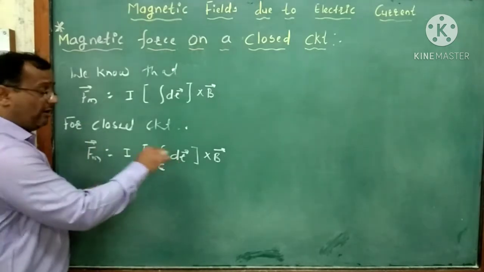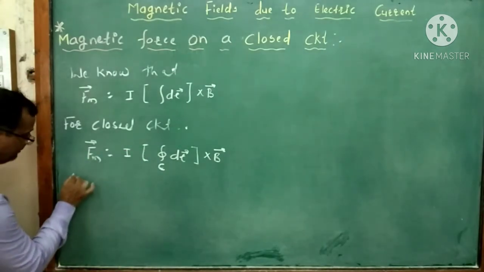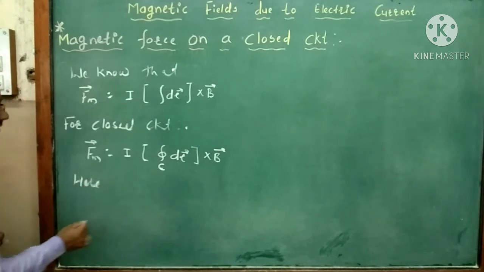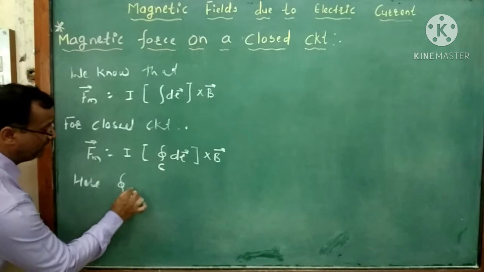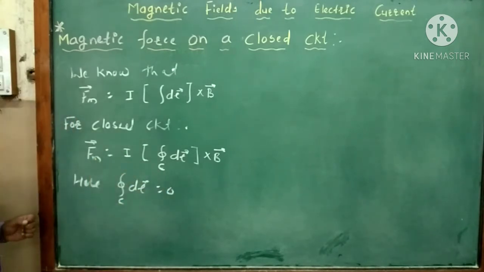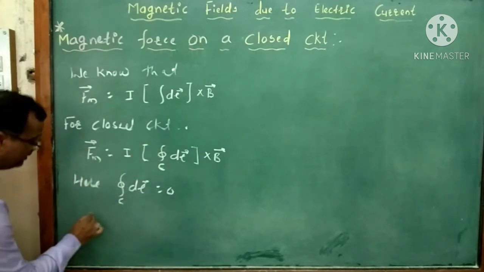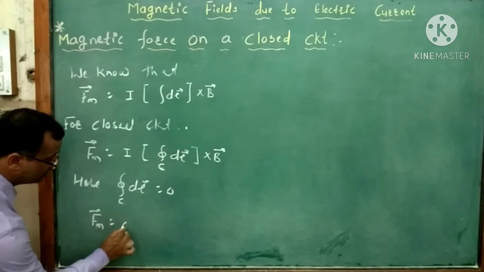the length vector for a closed circuit, the value of integration for the closed surface, so integral of dl is equal to 0. Right? Then this equation is written as Fm equal to 0.